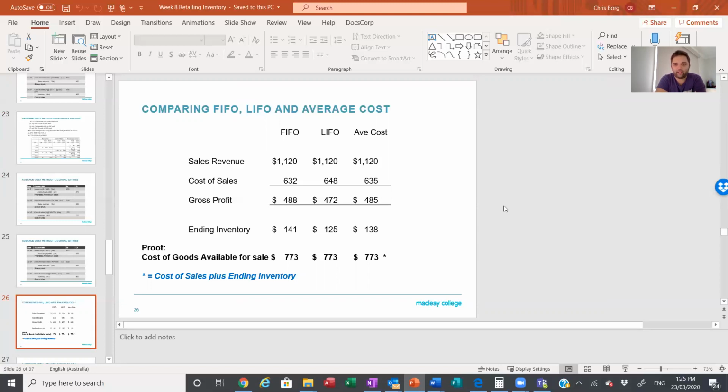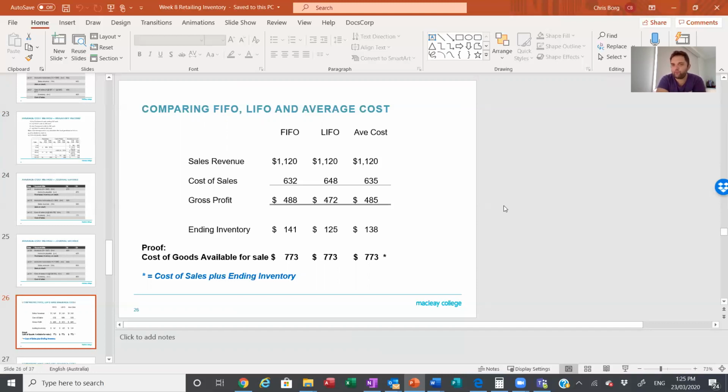The reason for that is particularly under this example, the purchases made earlier on were at a lower per unit cost amount compared to the LIFO method. Because of the lower cost earlier on, you're then taking the lower cost per unit in your cost of goods sold. Using a lower per unit cost will give you a lower cost of sales, therefore giving you a higher gross profit.